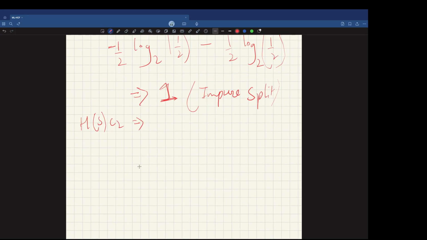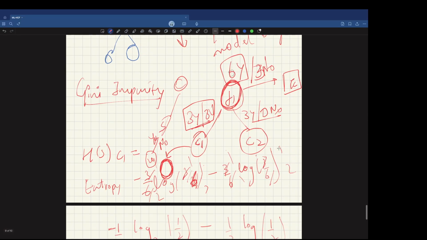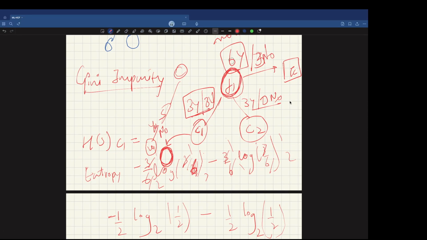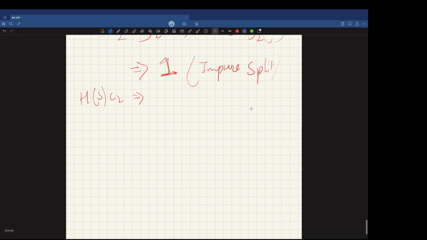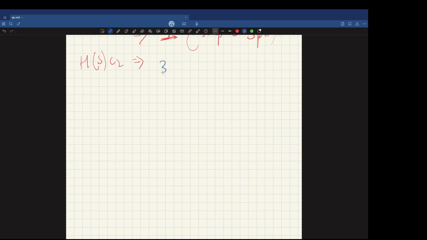We have one more hour. H of S of C2 means 3 yes and 0 no. So P positive is 3 by 3, minus log base 2 of 3 by 3, minus 0 by 3 log base 2 of 0 by 3.